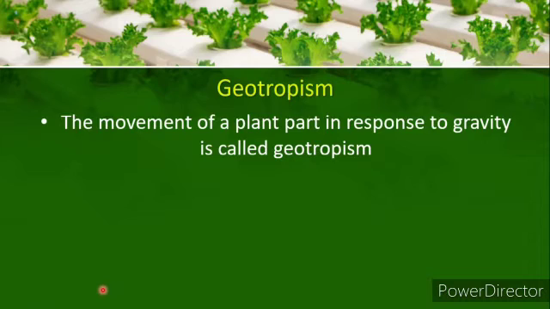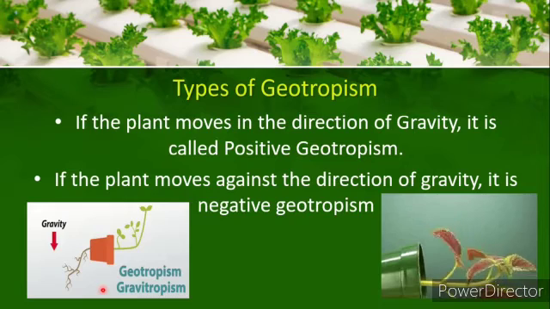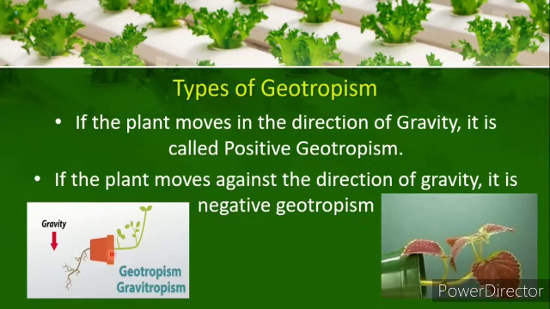Let's move on to geotropism now. Whenever there is a movement of the plant part in response to gravity, the gravitational pull, that is your geotropism. Under geotropism you have two types: one is the positive geotropism and the other one is the negative geotropism. Students, here you can see a pot is placed in a horizontal manner.